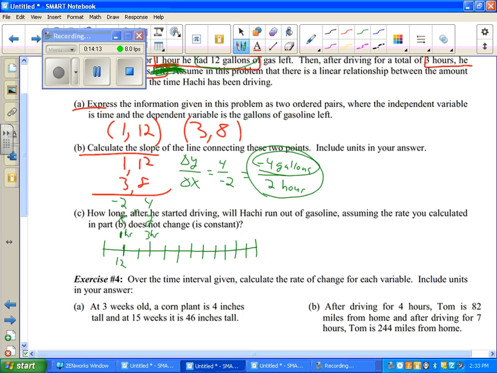Minus 4 is now 8 gallons. 2 more hours, it's 5 hours, minus 4. 8 minus 4 is now 4 gallons. 2 more hours is 0. So how long did it take him? It took him 7 hours to run out of gasoline.